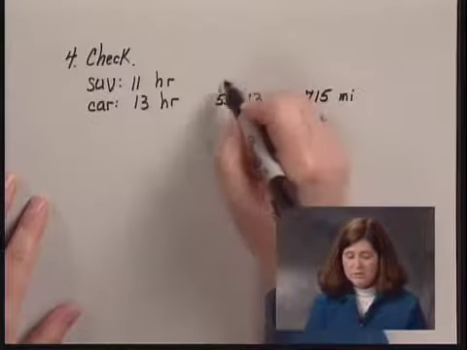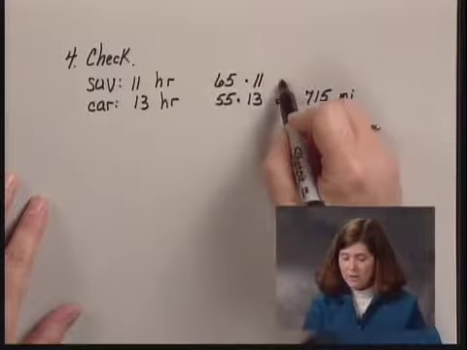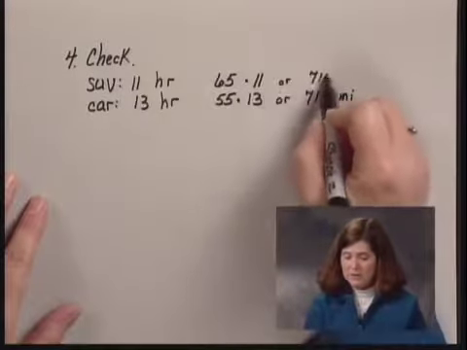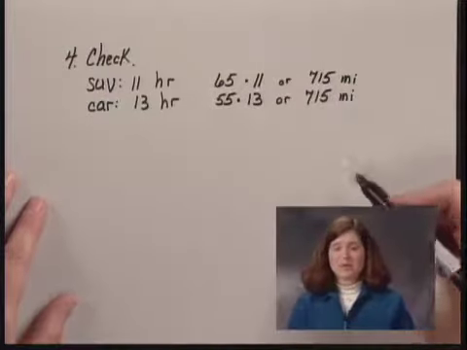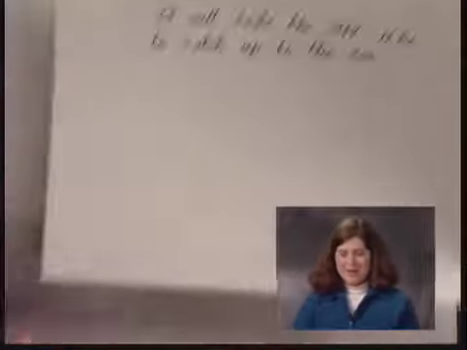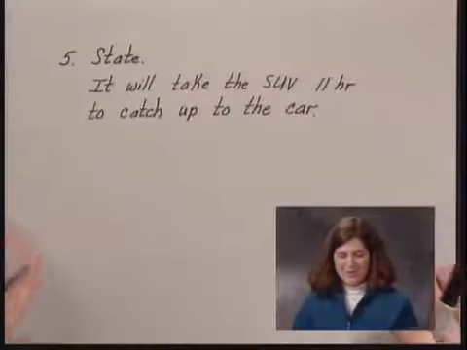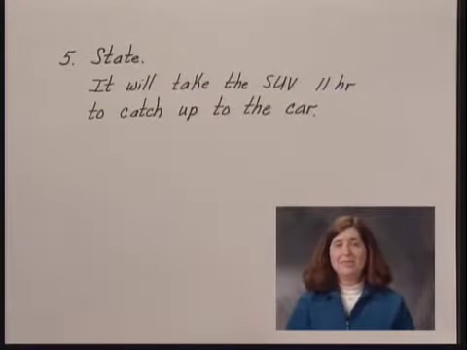The SUV's distance would be 65 times 11, or 715 miles. The distances are the same, so the answer checks. So it would take quite a while for that SUV to catch up to the car. In fact, we can state our answer. It will take the SUV 11 hours to catch up to the car.